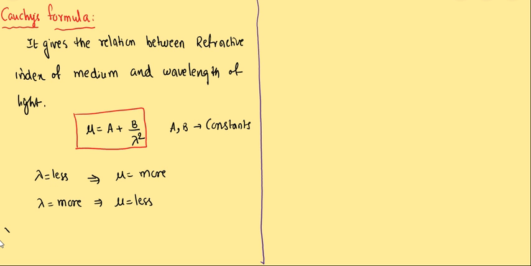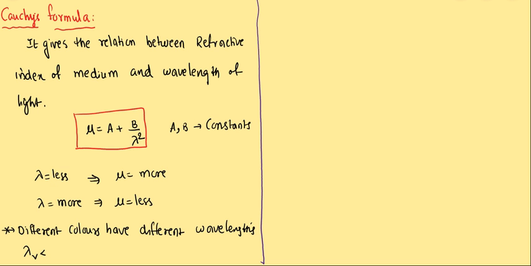Now, different colors have different wavelengths. We know that the violet color has less wavelength compared to the red color.